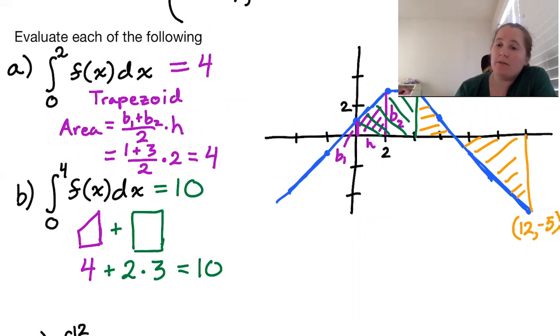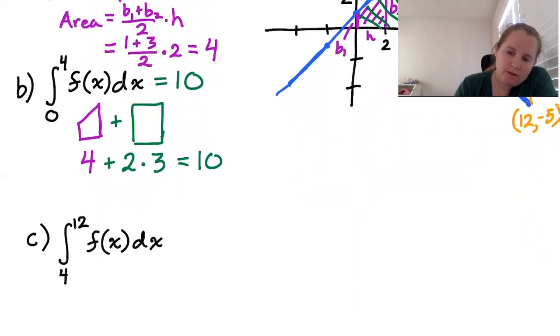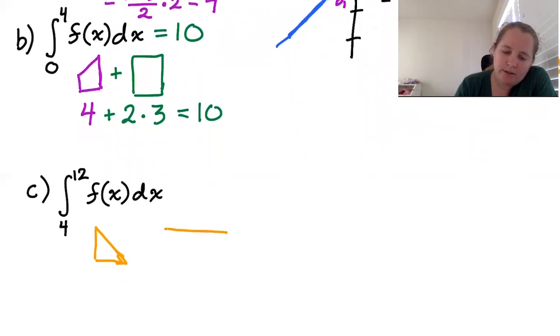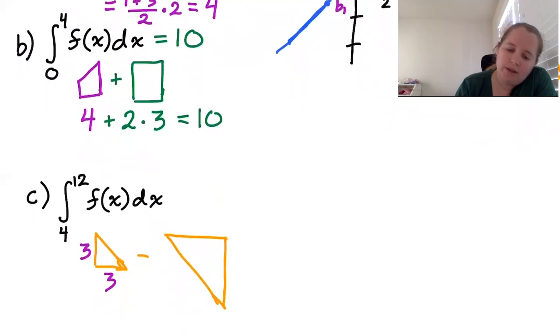So in this region, we have some positive and some negative. We'll have a little triangle, which is positive, and then we'll have a big triangle, which we're going to subtract off. Our little triangle has height 3 and base 3, and our big triangle has base 5 and height 5.